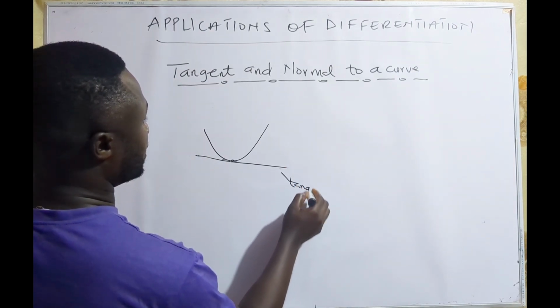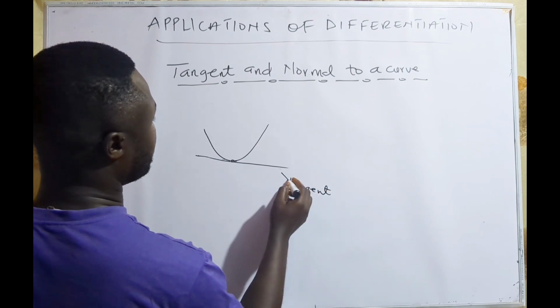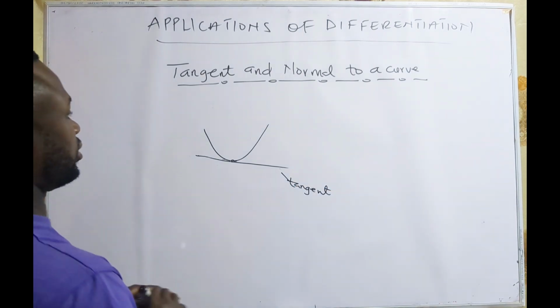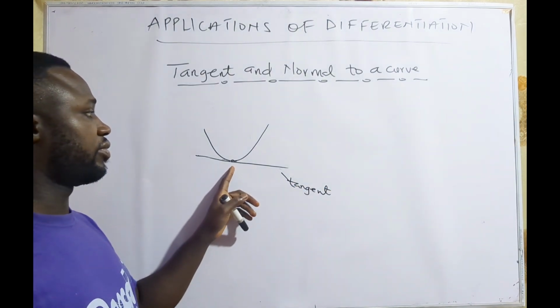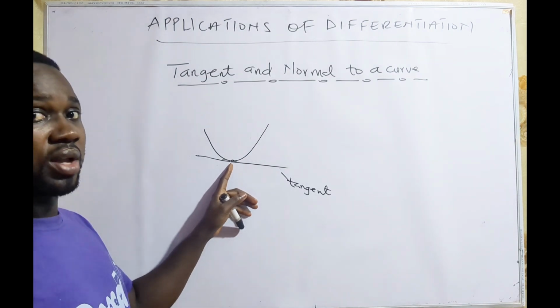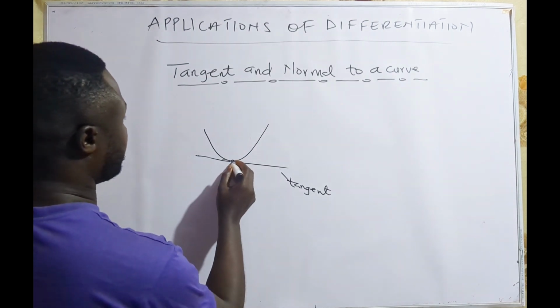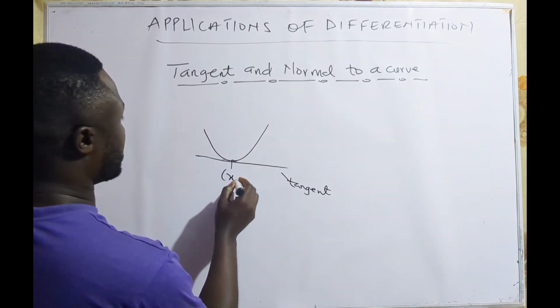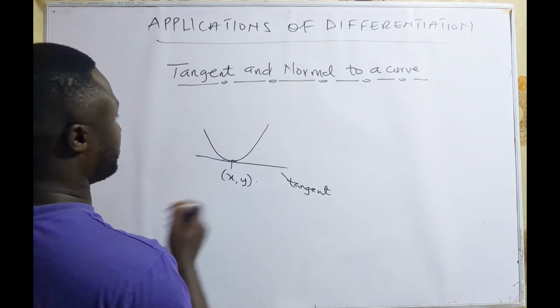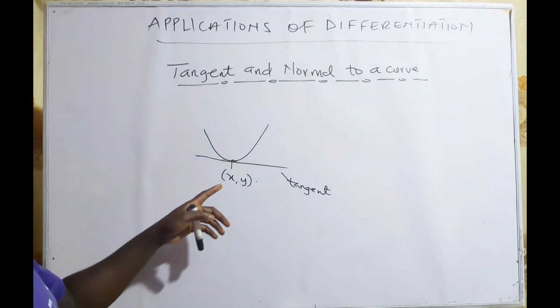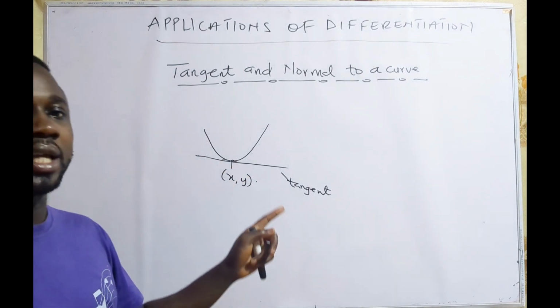So there's a tangent. This straight line here is touching the curve at this particular point. Let's say my point is x and y. It's touching the curve at this particular point, so this is a tangent.